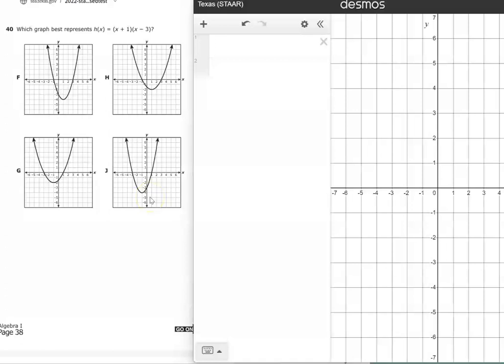The last item we're looking at is item 40, and that one is located on page 38. We're given an equation of a quadratic function, and we're asked to select the graph that best represents that function. So if you will go ahead and type in the equation that you're given for h of x.